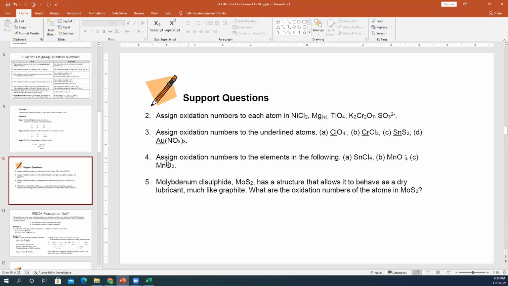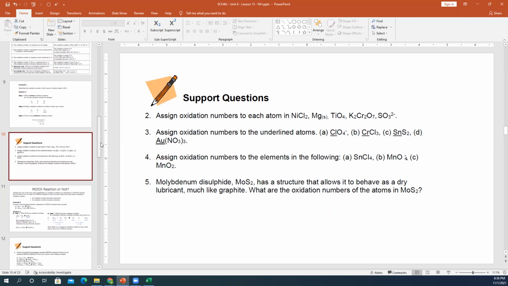So yeah, you have to figure out what they are, and assign these oxidation numbers to the elements for this question as well. And then finally, in this question, you're asked to assign the oxidation number for the atoms in molybdenum disulfide. So try all of these. It'll give you good practice to figure out how to assign oxidation numbers.